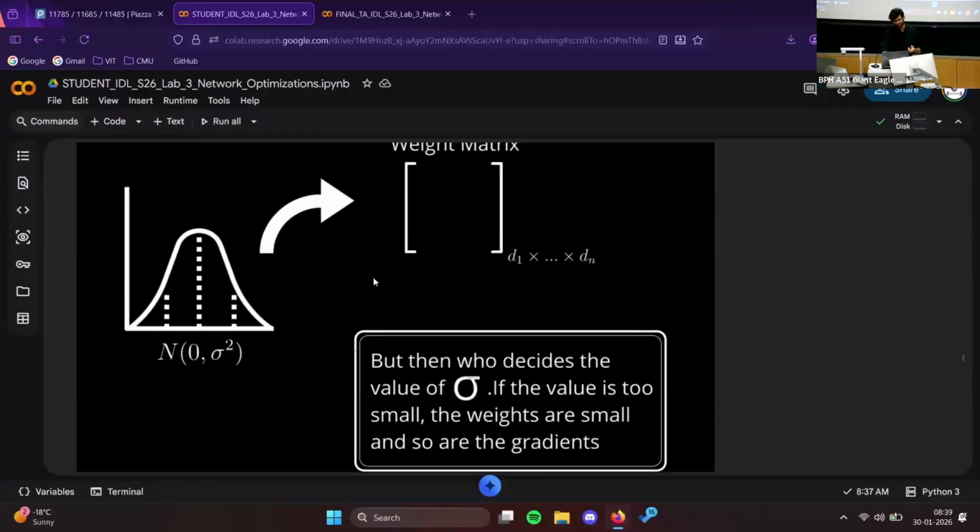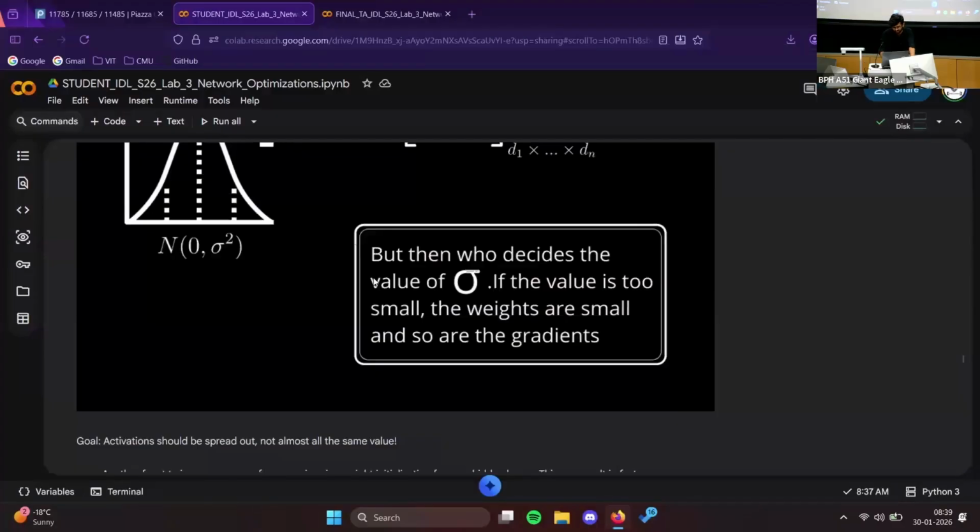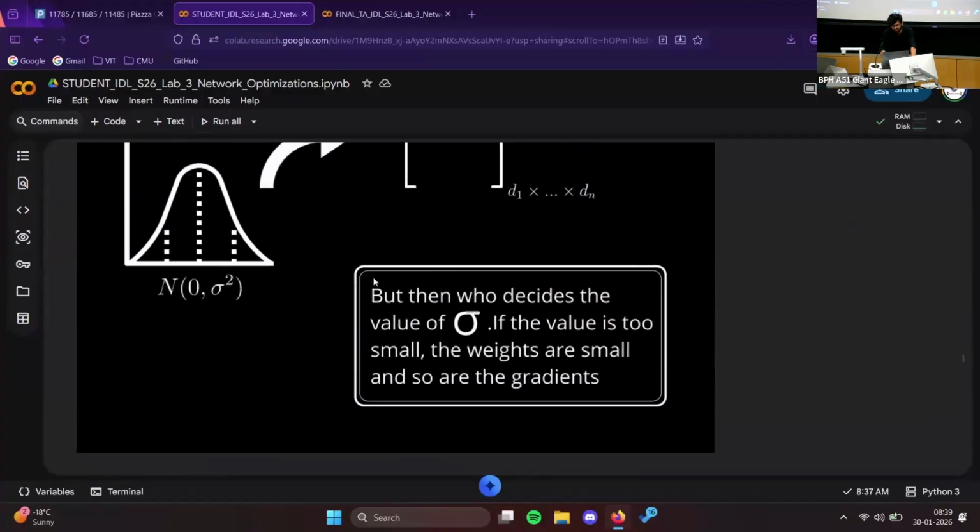And it's very hard to choose this parameter because let's say if the variance is very small, and if you have some activation functions like tanh, the forward pass will give activations which are very small because the weights will be close to 0. So the activations and the output will also be close to 0. And if you are doing a backward pass using those, the updates will also be very small, which is not optimal. So let's go to the other extreme where we have very high variance.